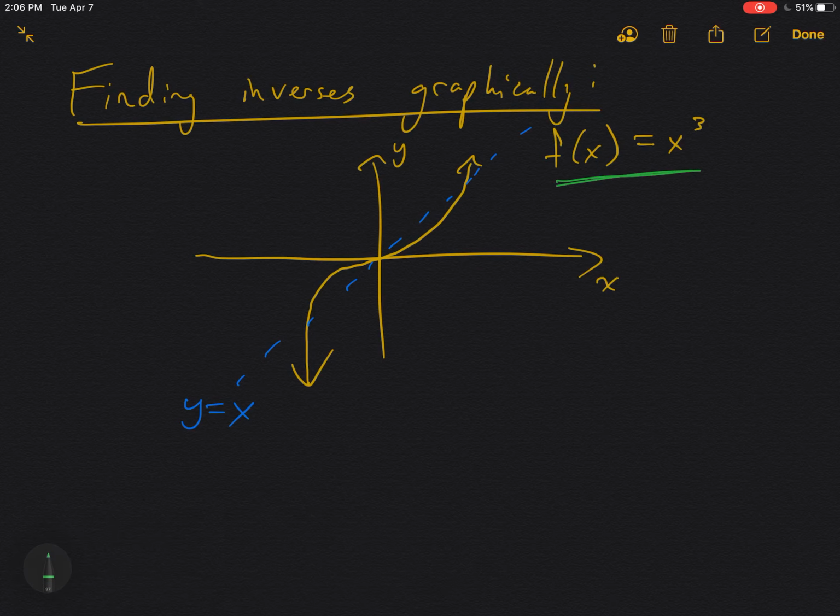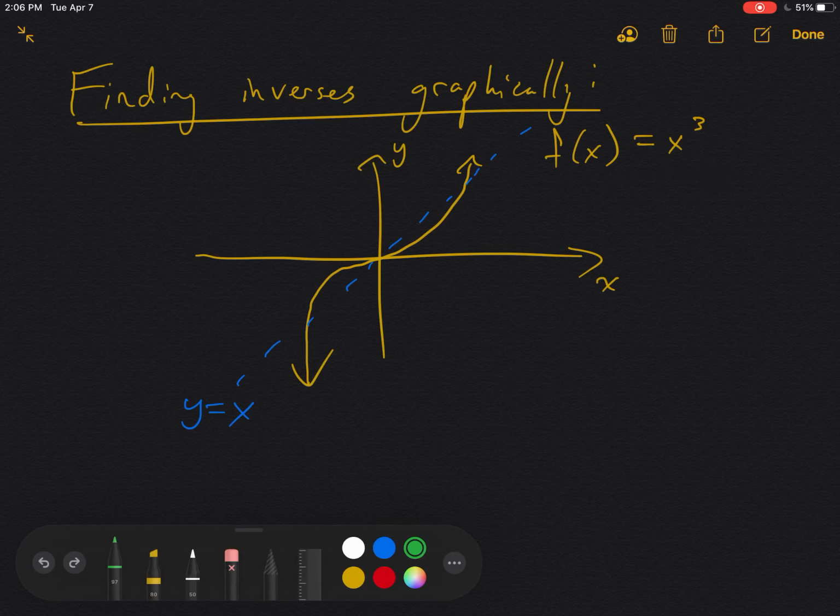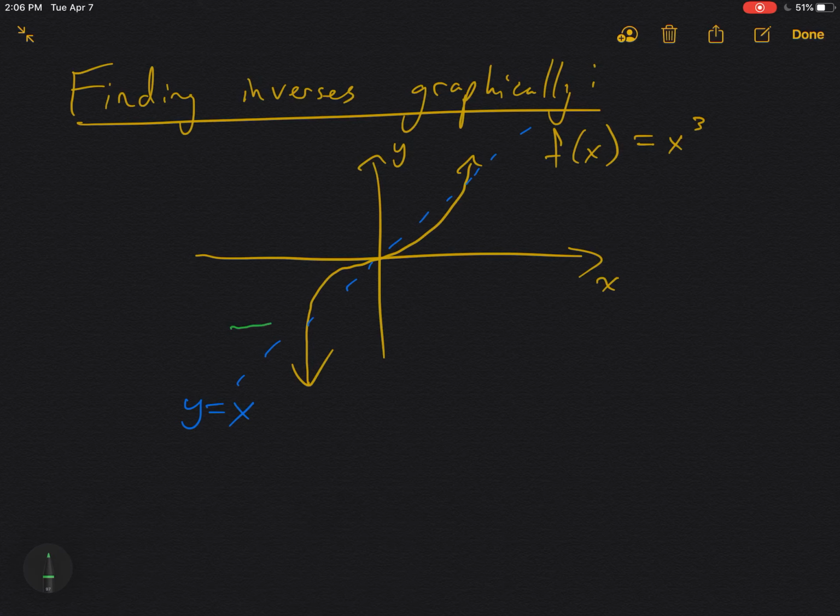What that means is that if you want to produce the graph of the inverse function, given this original function, all that you have to do is take the original function's graph and reflect it across that blue dotted line. So if I were to reflect this picture across that dotted line, the corresponding picture that I would get would be something like this.